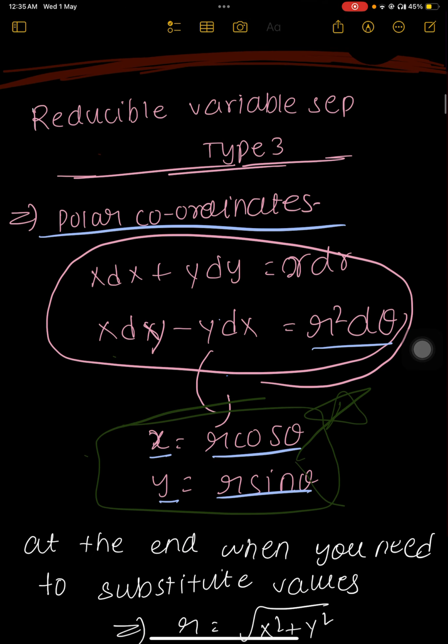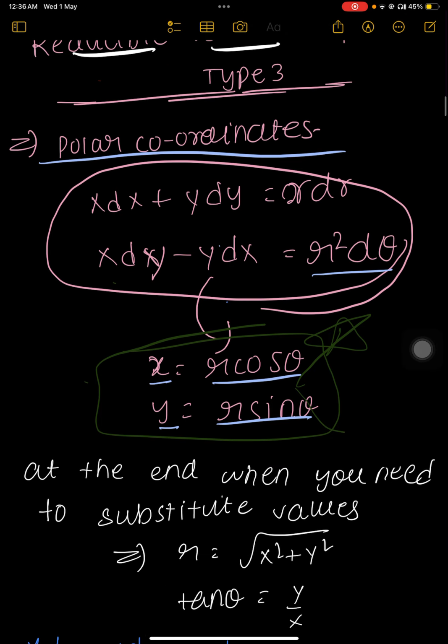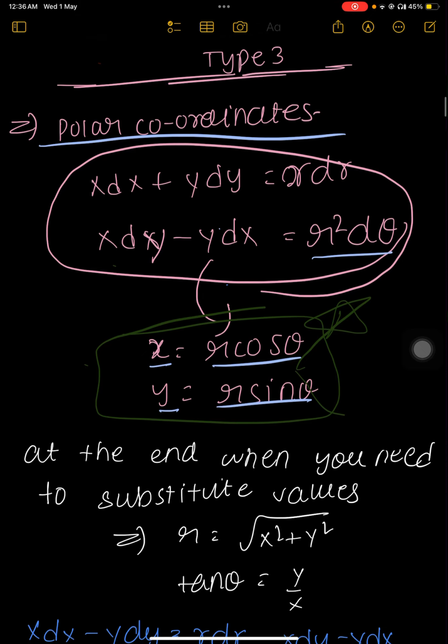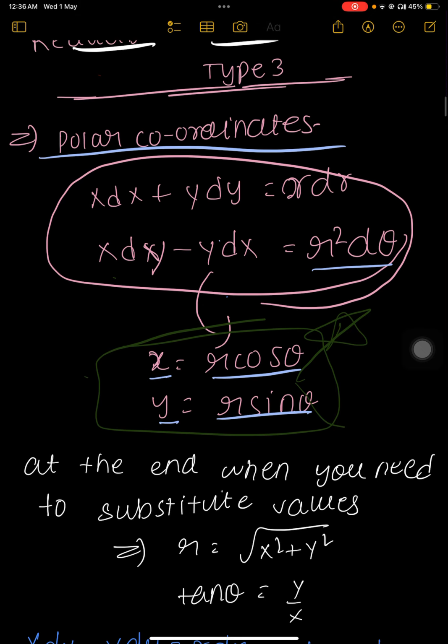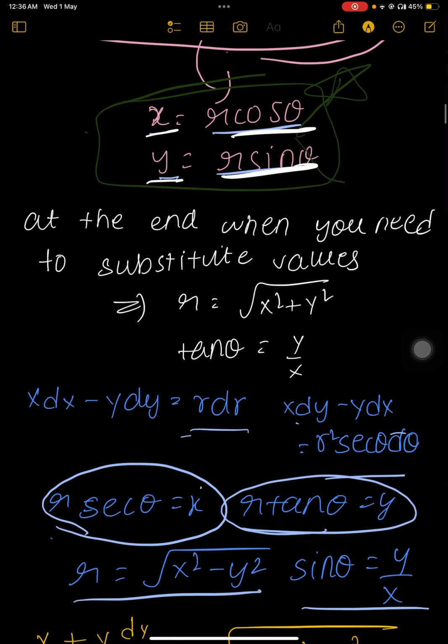Okay, reducible variable separable of another type. Sir said that this is not a very asked type, but I wrote it down, so I'll tell you guys. If you ever see x dx + y dy = r dr type of differential equation, or this type, sir said that we should substitute x = r cos theta and y = r sin theta.